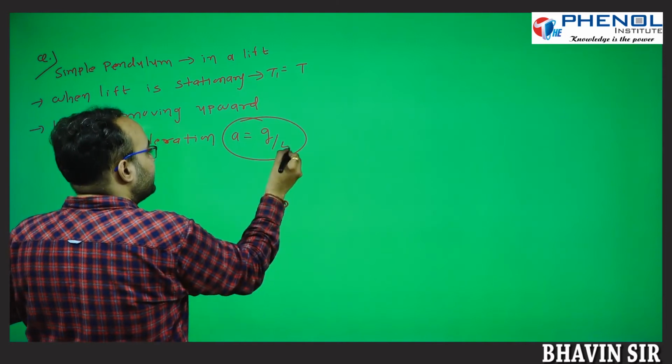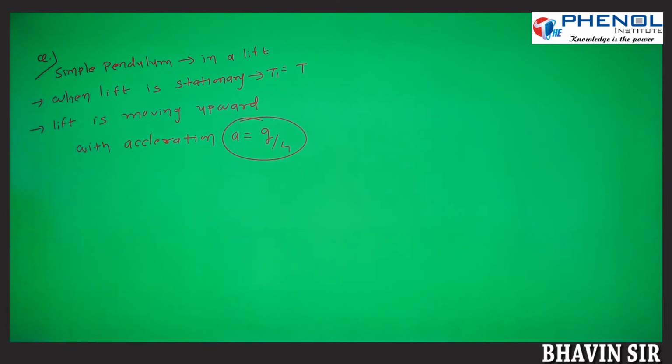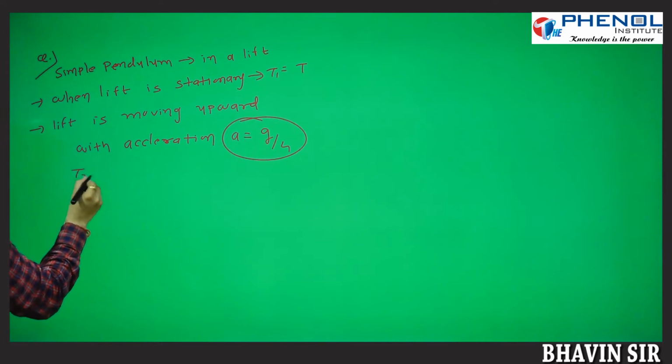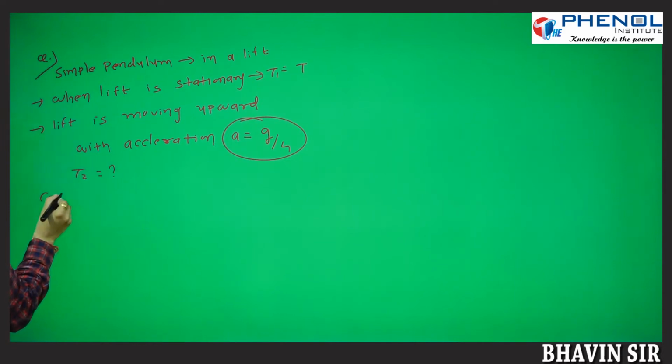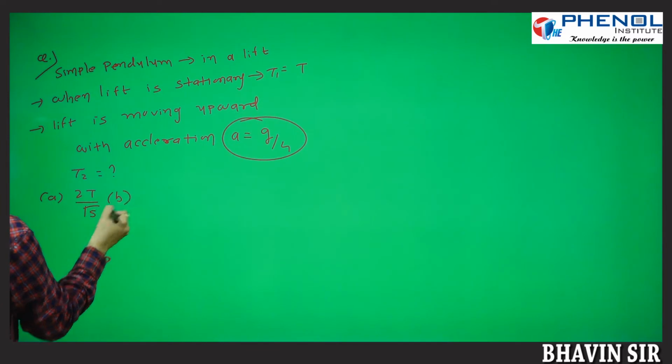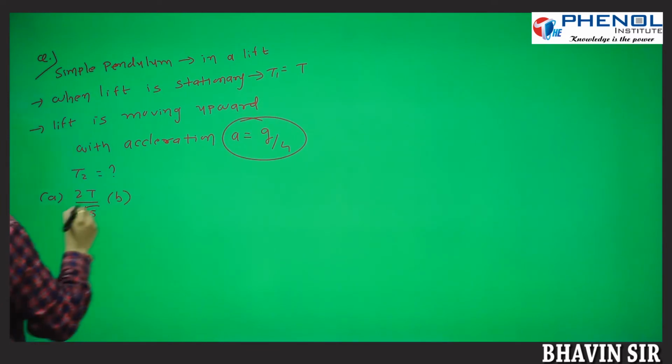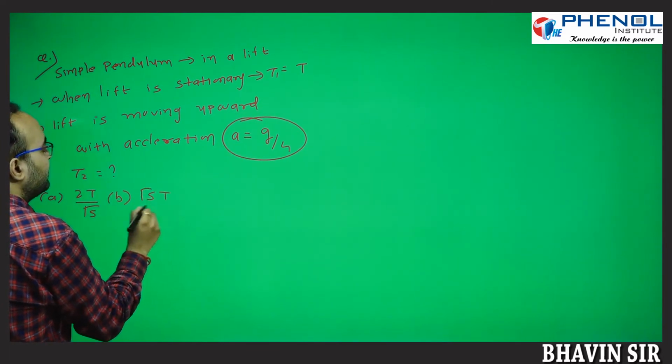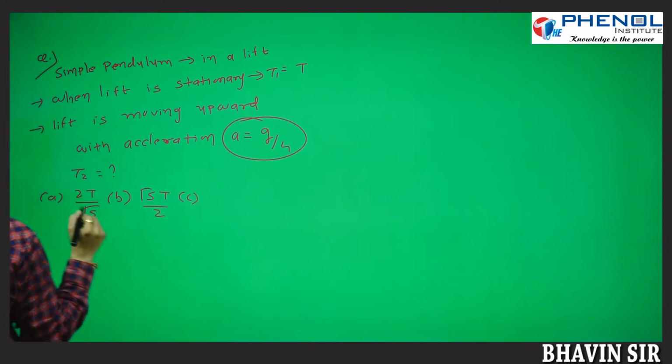Now find the time period. So options are 2T upon root 5, root 5T upon 2.